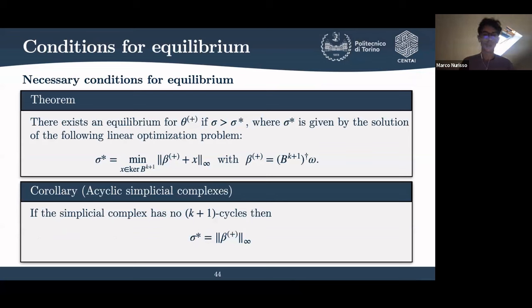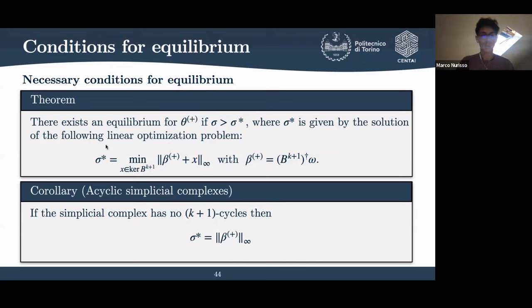And getting a little bit more technical, it turns out that you can actually find conditions for this equilibrium to occur depending on the value of the coupling strength. In particular, you can prove a necessary condition for equilibrium. So you find that for the system to be in equilibrium, you need sigma, the coupling strength, to be greater than this sigma star, which can be easily computed as the solution of a linear optimization problem, which ranges over the space of k+1 cycles.